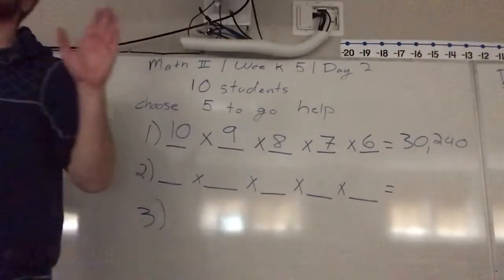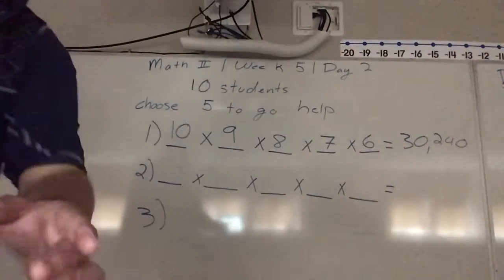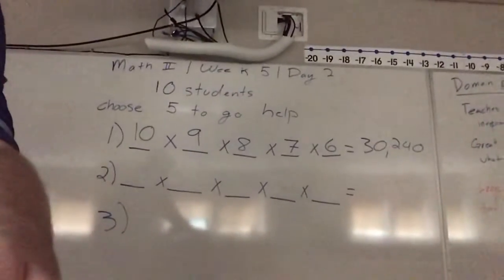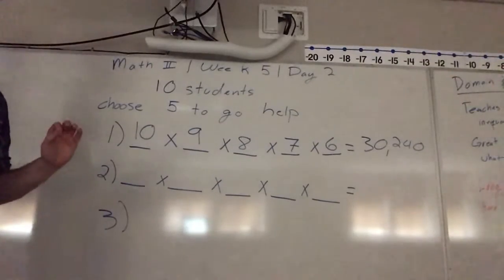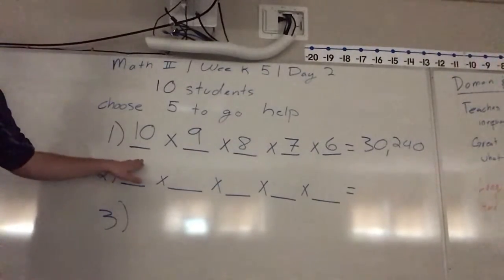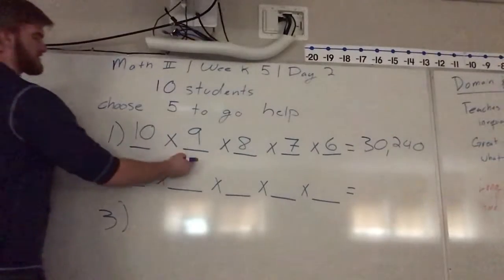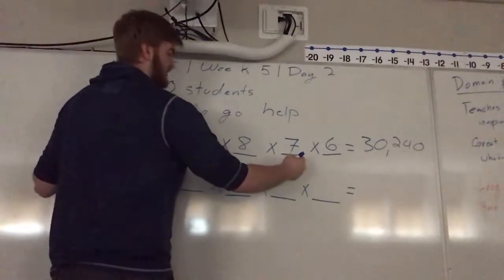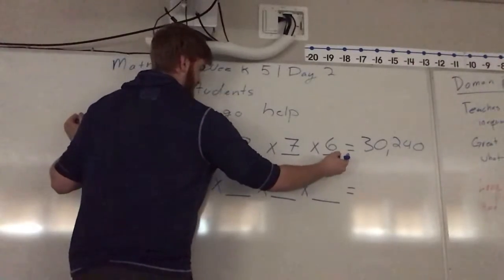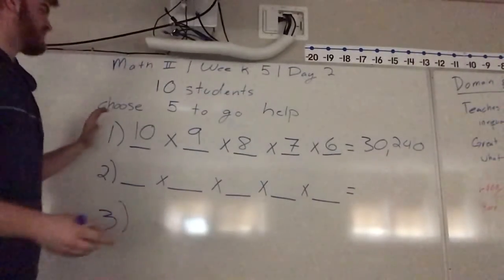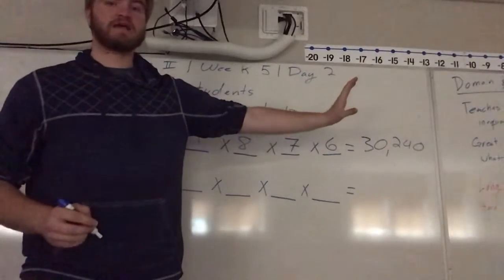Now, that means there's 30,240 permutations that we can choose. Permutations is where the order matters. So if I'm choosing 5 people, let's say I choose Billy, Tommy, Georgia, Alexander, and Michaela. That's 5 different ones I can go through there.